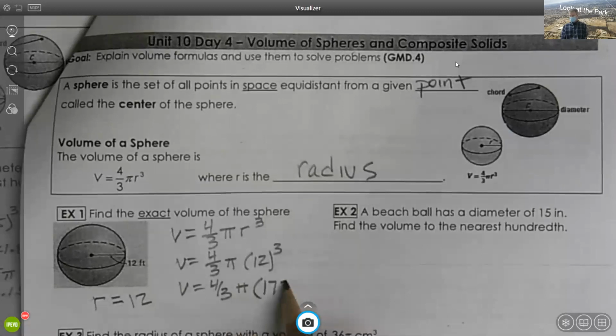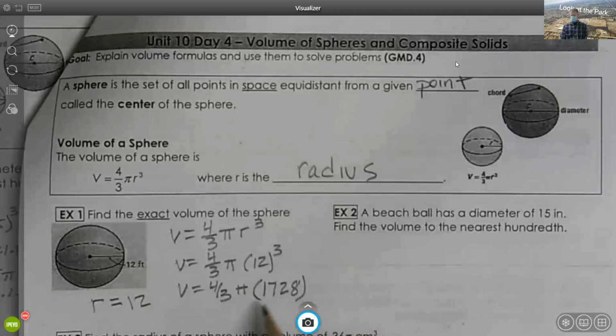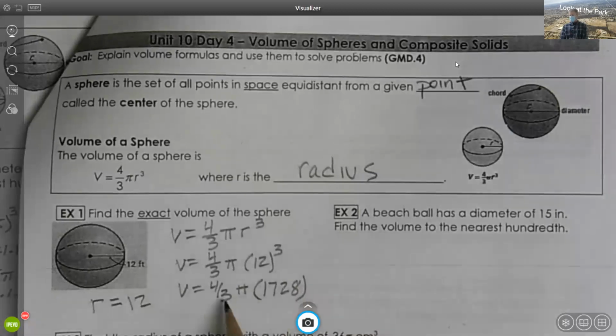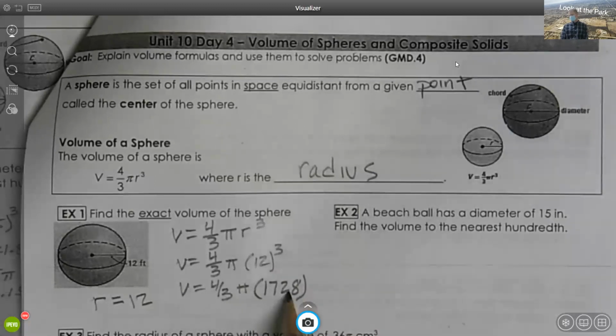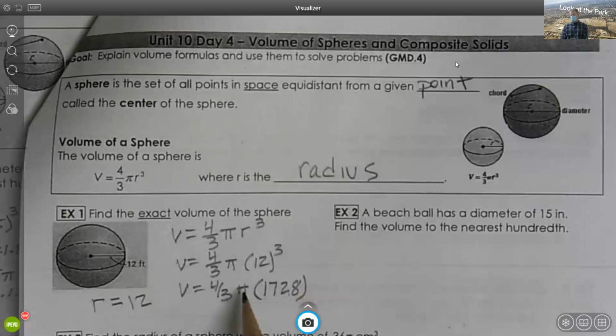1,728. Nice. And when we multiply this together, we can either divide by the 3, then multiply by the 4, or vice versa. But we're not going to multiply by the pi because we want the exact value.